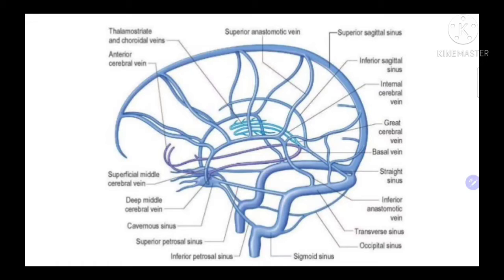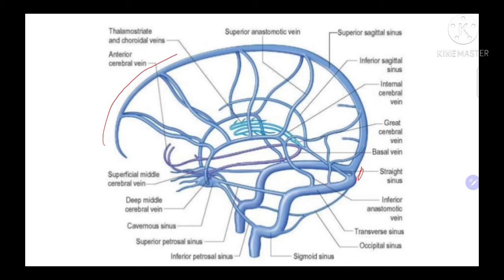All the sinuses in this group have a common characteristic: all of them finish anterior to the internal occipital protuberance, in the torcular Herophili. All of them finish here. There are 7 of them. 3 of them are unpaired, and they occupy the falx cerebri.